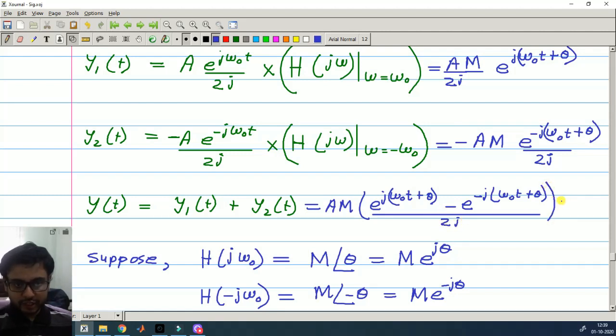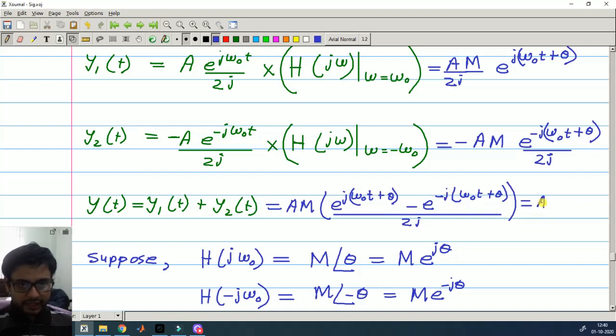So that will be equal to am constant, and this is nothing but sine(omega naught t plus theta).